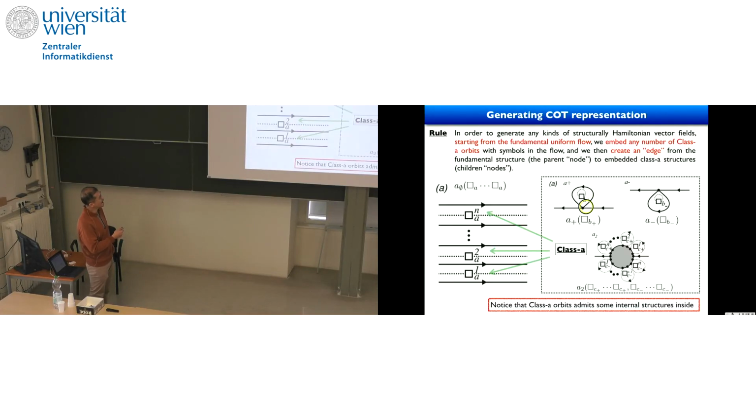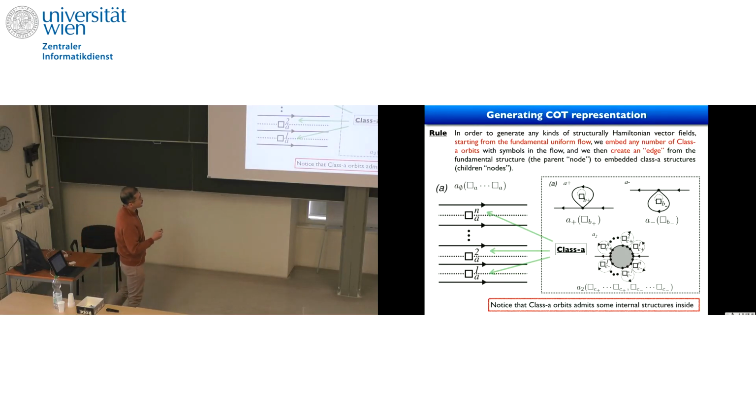Every time we embed this structure into this one, we have an edge. We introduce a tree structure with the parent node here and the child node here. Every time we embed a structure, we have directed edges from this structure to that structure.